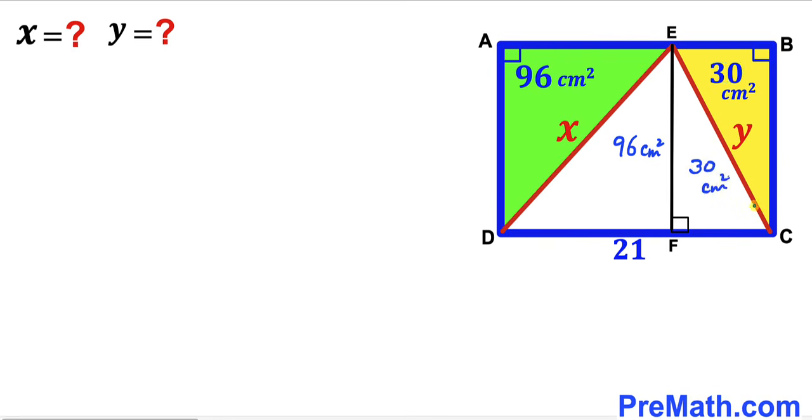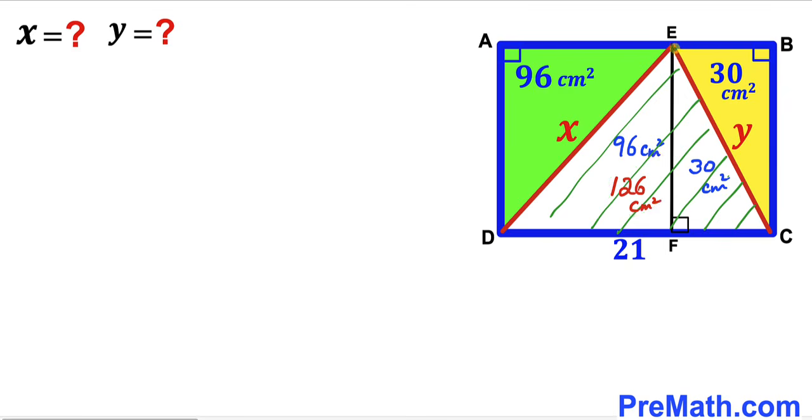Now let's focus on the white triangle CDE. Its area is the sum of these two individual areas, 96 cm² plus 30 cm², which gives us 126 cm². So the area of the white triangle CDE turns out to be 126 cm².